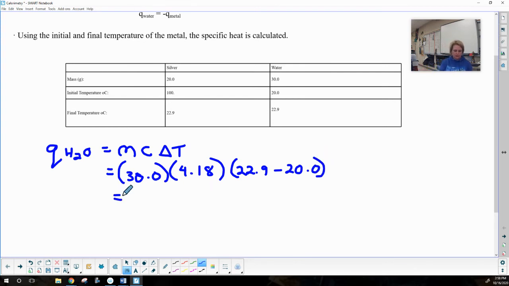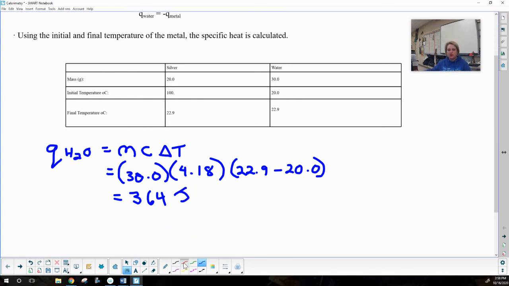I'm going to say 30 times 4.18 times 22.9 minus 20. And I'm going to find that I gained 364 joules worth of heat. 364 joules worth of heat was gained with 3 sig figs.